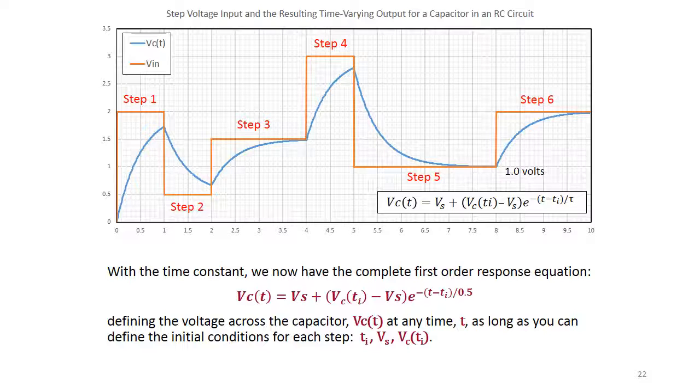So this is defining the voltage across the capacitor, Vc of t, at any time t, as long as you can determine the initial conditions for each step. So as long as you can determine the initial time, the voltage source, and the Vc of the initial time, you're going to be able to pull out from those the time constant tau, and you're going to be able to solve that equation for input versus output.